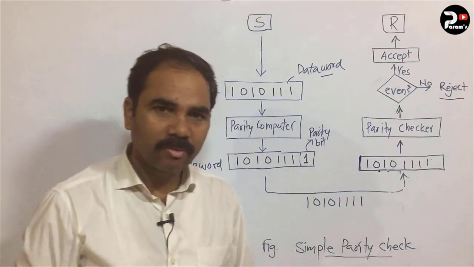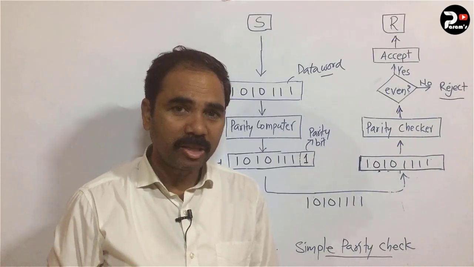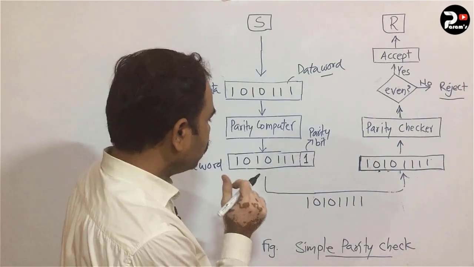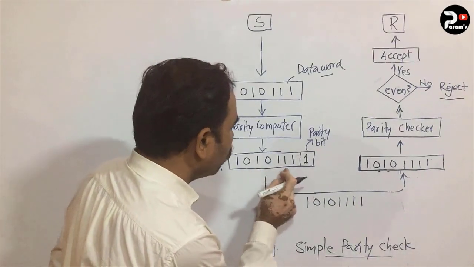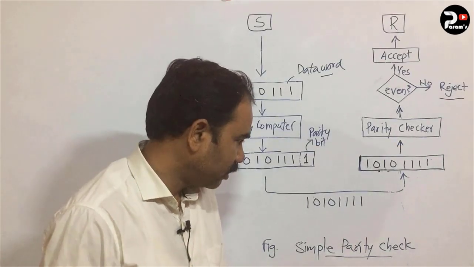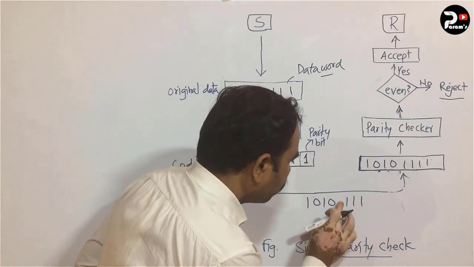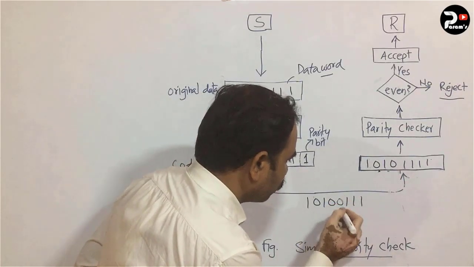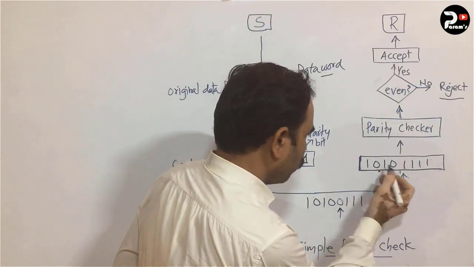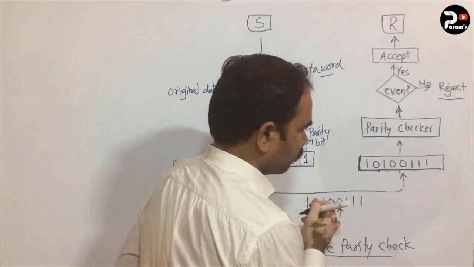Let us now see how the receiver will detect an error if the data is corrupted. For that, let us say the sender sends 10101111, but there is a 1 bit error in the data transmission, and say this bit becomes 0. So what will the receiver receive? The receiver will receive 10100111.